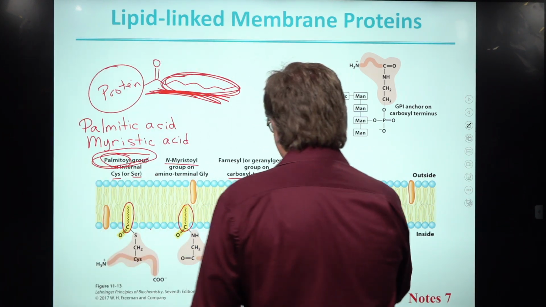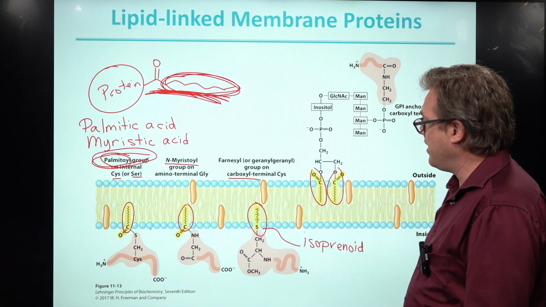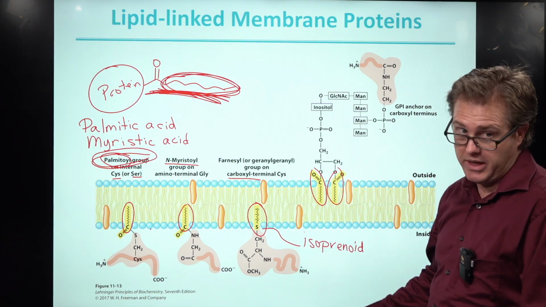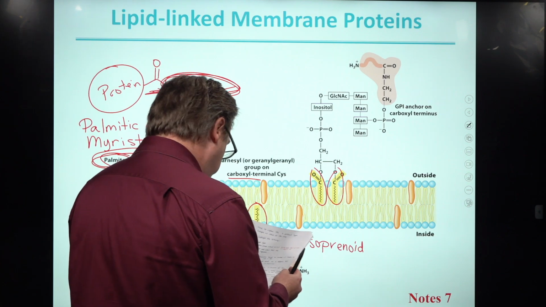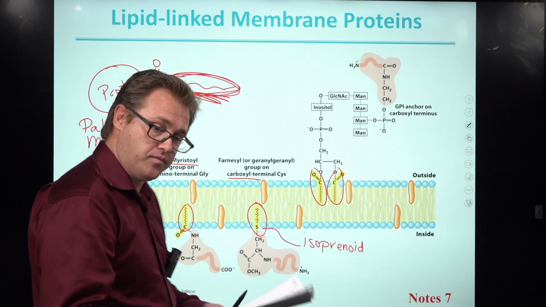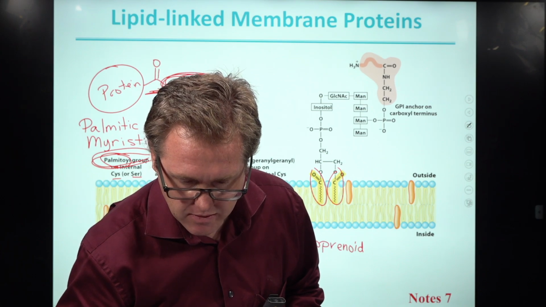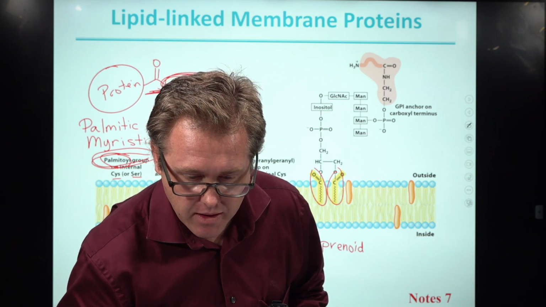And then here we have the farnesyl right there. And that farnesyl comes from this isoprenoid, and this isoprenoid looks like this. Let me double check the structure here, I want to not mess this up.